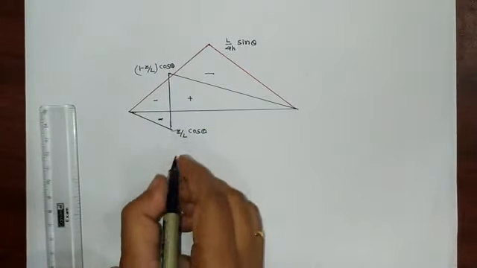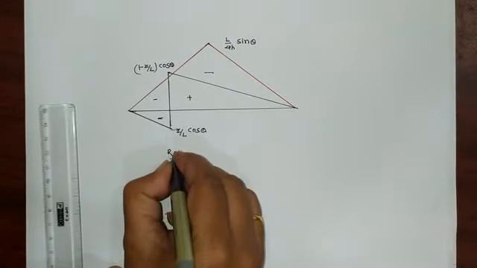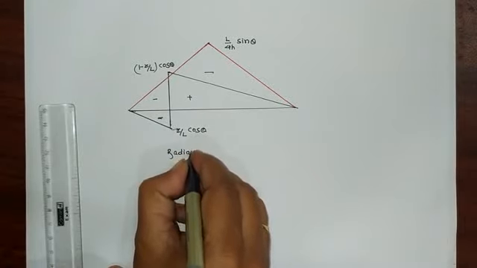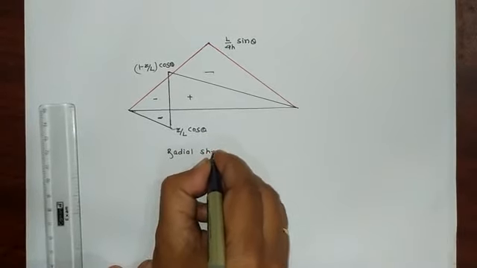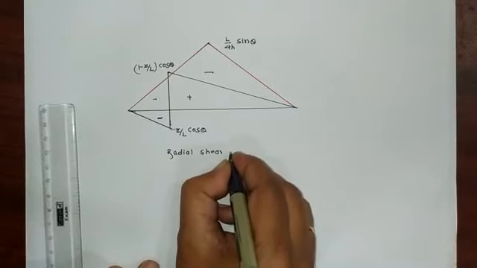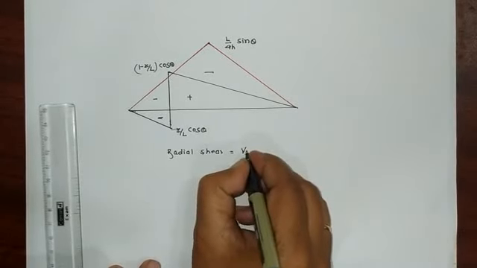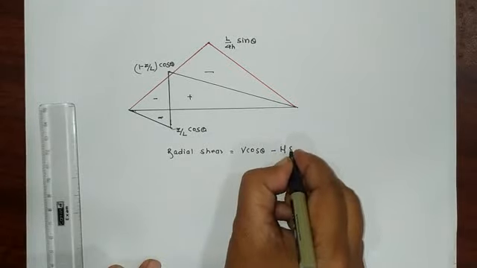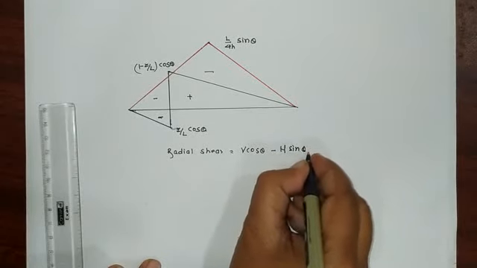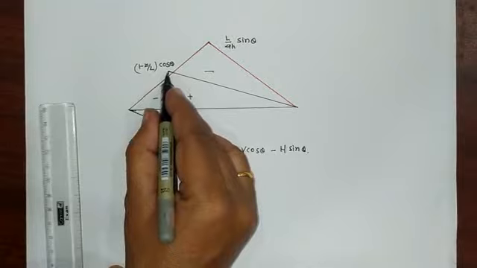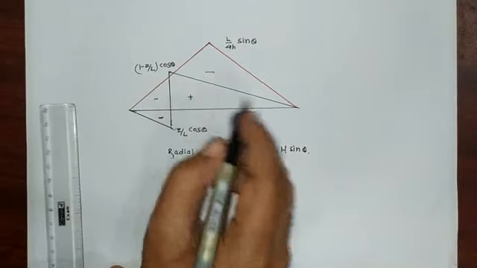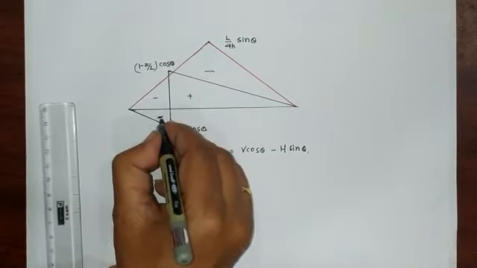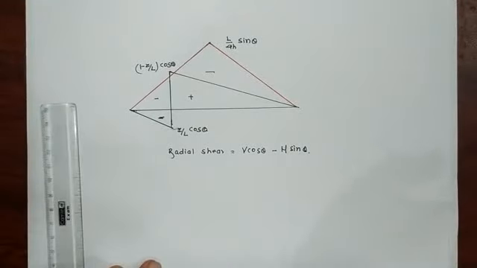So this is the ILD for radial shear, that is equal to V cos theta minus H sin theta. This height may be above the line or below the line, depending upon the problem and the location.